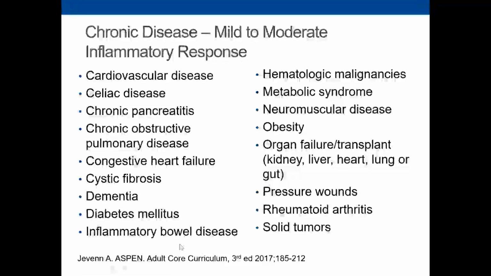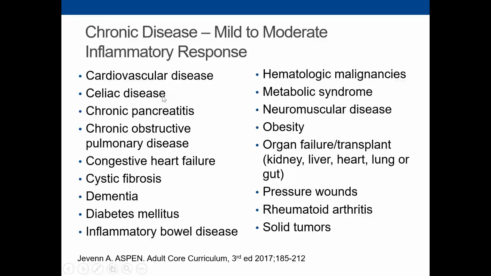I've taken this information from the most recent ASPEN Adult Core Curriculum. Andrea Jeejeebhoy was the primary author in this particular chapter. And in that chapter, it delineates some of those diseases and conditions that are associated with the mild to moderate inflammatory response. And some of these were included on that etiology diagram that I described earlier.